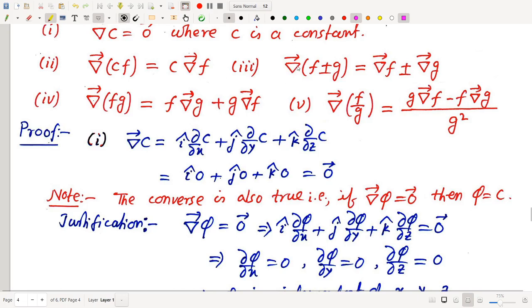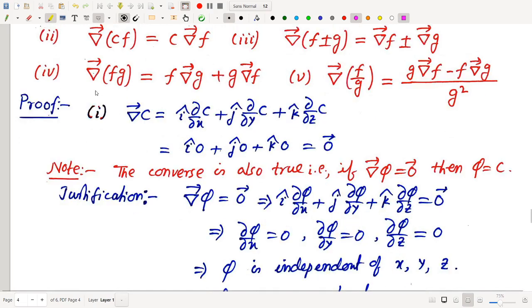And gradient of sum or difference of two scalar point functions is the sum or difference of their gradients. Then gradient of product, del fg equal to f del g plus g del f: first function into gradient of second function plus second function into gradient of first function, like our u into v rule of derivative. Then gradient of quotient f by g is (g del f minus f del g) by g square, like our quotient rule of differentiation.